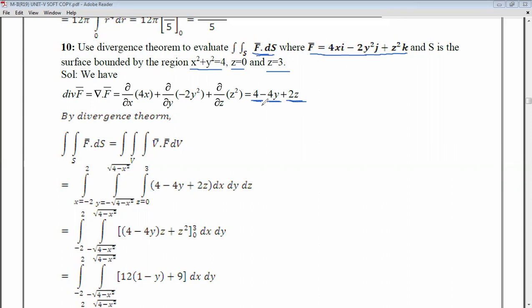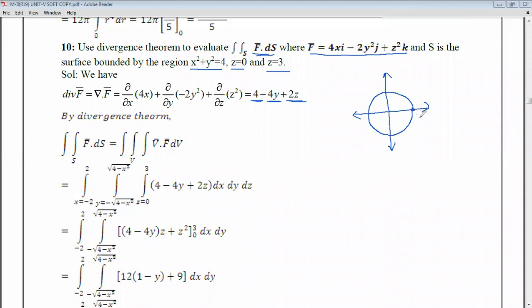Next, the z limits they already mentioned. What are the limits of z? z is equal to 0, z is equal to 3. And next, x square plus y square is equal to 4. Now we need to find the x limits and y limits. They mentioned the circle x square plus y square is equal to 4. So x square plus y square is equal to 2 square, with radius 2 units.